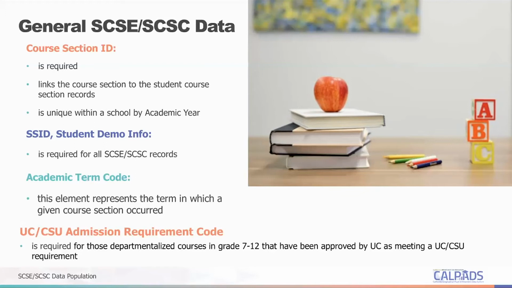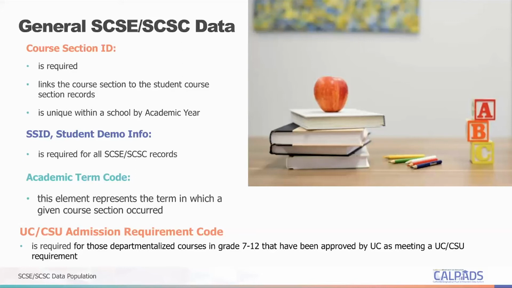This element indicates which UC-CSU course requirement is being met for a given student. It is a coded value representing a University of California, UC, or California State University, CSU, college admission course requirement that a high school course has been determined to meet. This determination is made by the UC-CSU systems.